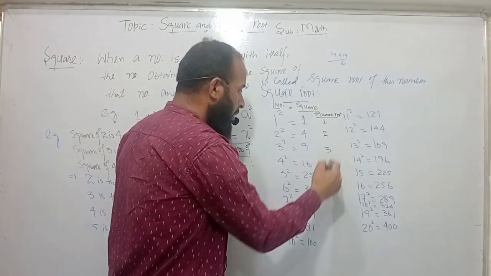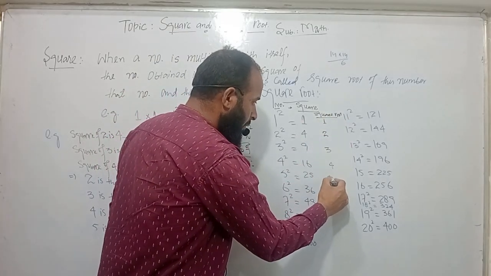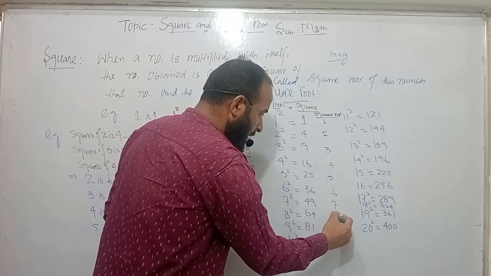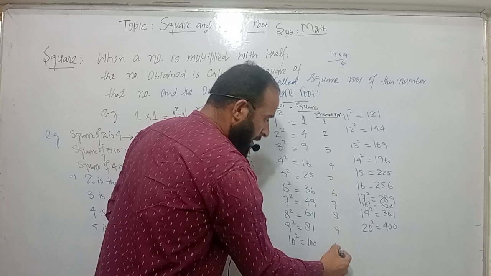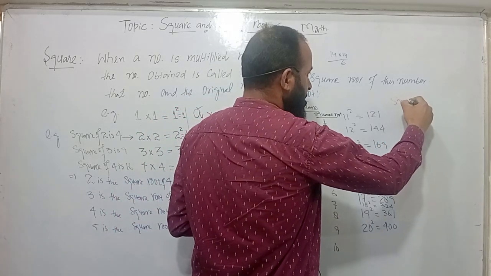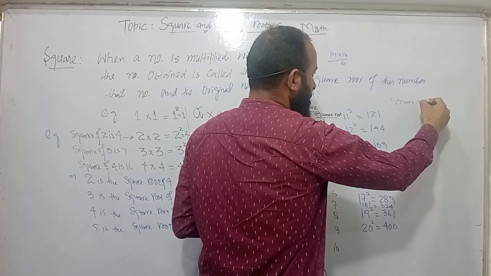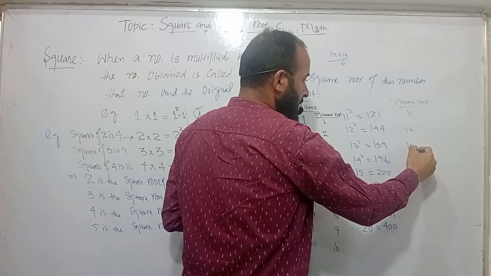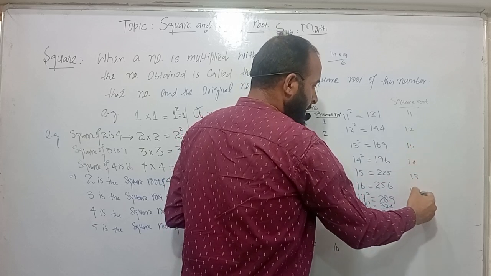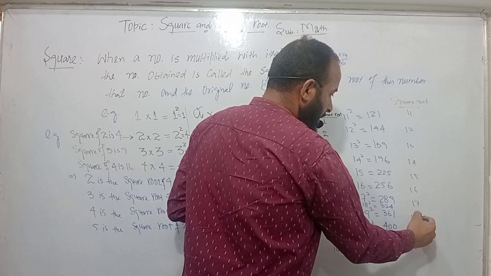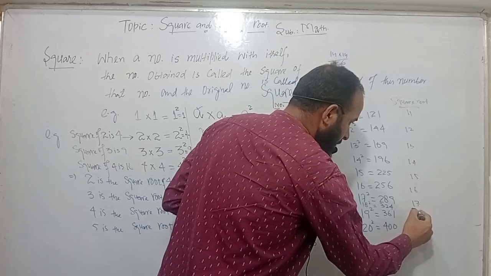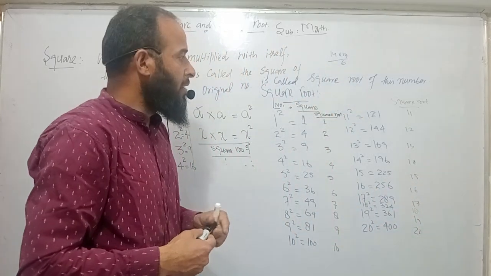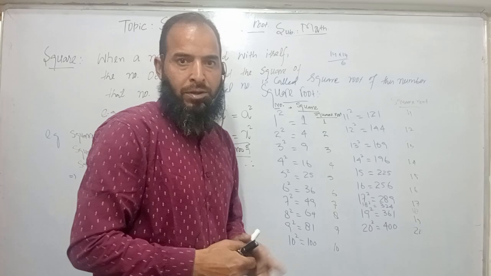Okay, it is the square root, it is 5, it is 6, it is 7, it is 8, 9 and 10. Likewise, square roots of these numbers, square root of 121, it is 11, it is 12, it is 13, 14, 15, 16, 17, 18, 19 and 20. So these are the square roots of these numbers. Okay?